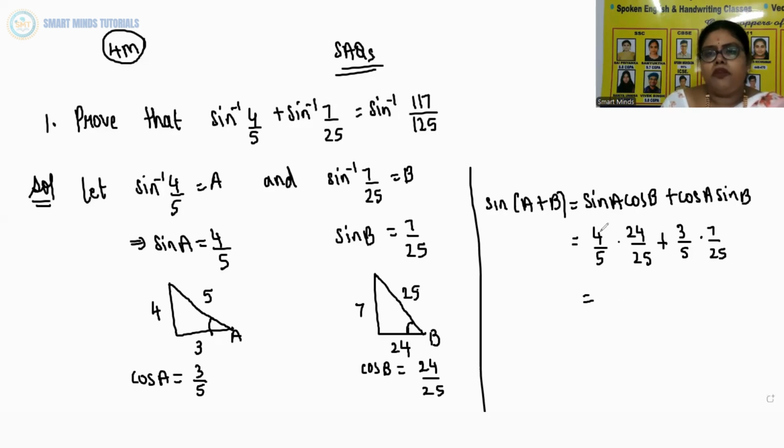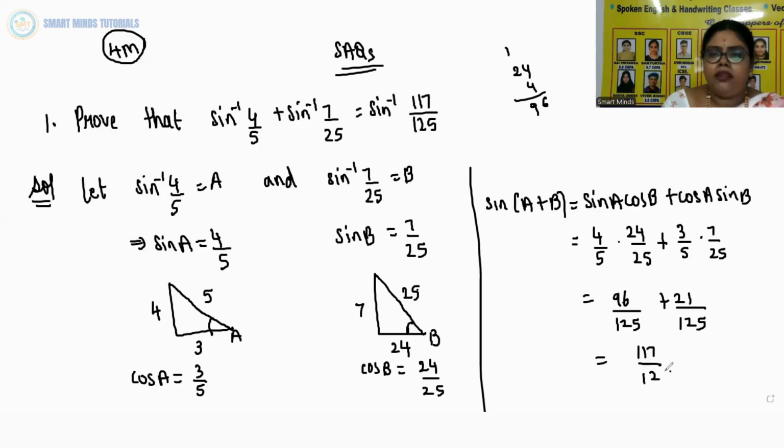So if we multiply 24 into 4, it is 96 by 125, plus 21 by 125. Denominators are same, add the numerators. So 96 plus 21 is 117 by 125. This is the value of sin A plus B. Now we got sin A plus B as 117 by 125.